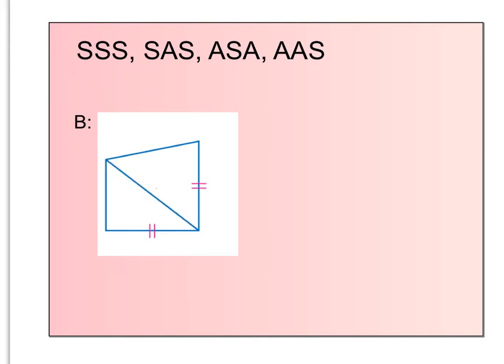And so I could put a tick mark on there, and it's going to be the same size in both triangles, but I think I still only have two sides that match up. And so this is not enough information to prove that the two triangles are congruent. I would need one more piece of information, either another side or an angle.